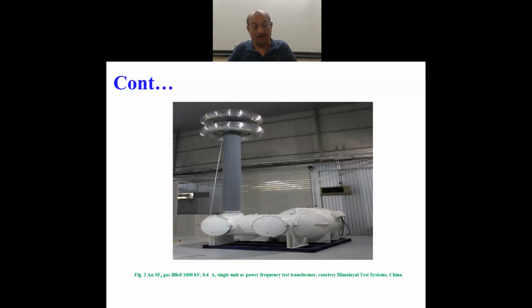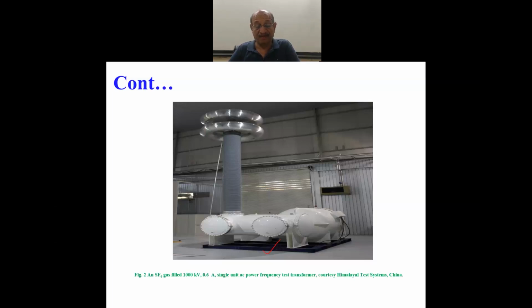There is, of course, when the transformer is the test voltage is brought out of the transformer. This is the sealed unit, the hermetically sealed container of the transformer, containing SF6 gas as insulator.